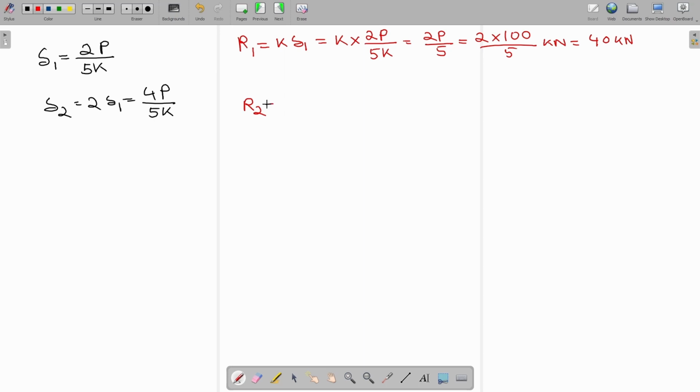Now for R2, it is similarly K delta 2, which is K into 4P by 5K, which is equal to 4P by 5, which is 4 times 100 divided by 5, equal to 80 kilonewton.